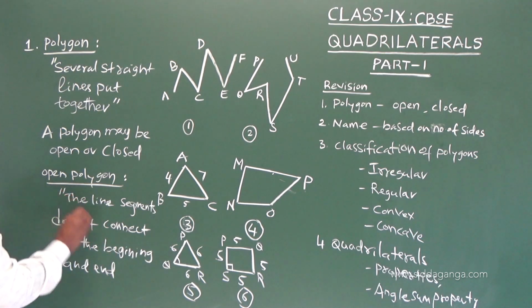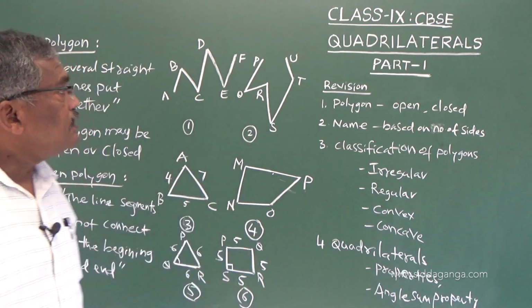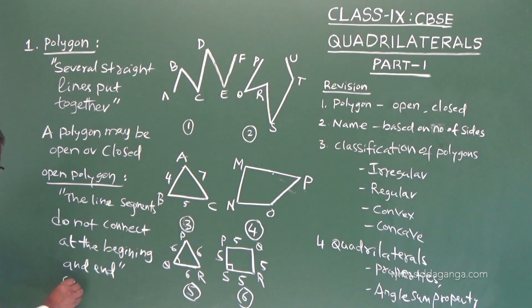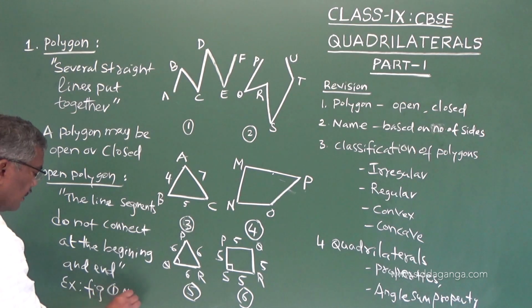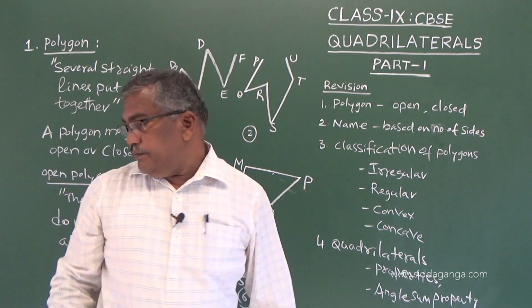So such polygons are called open polygons. Example: figure 1 and 2.